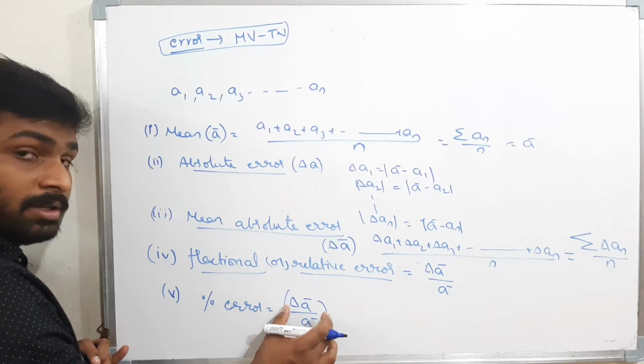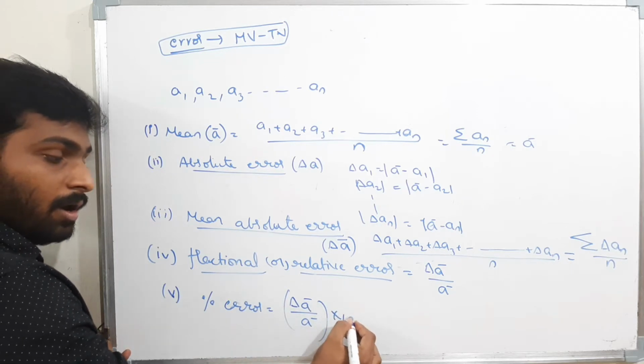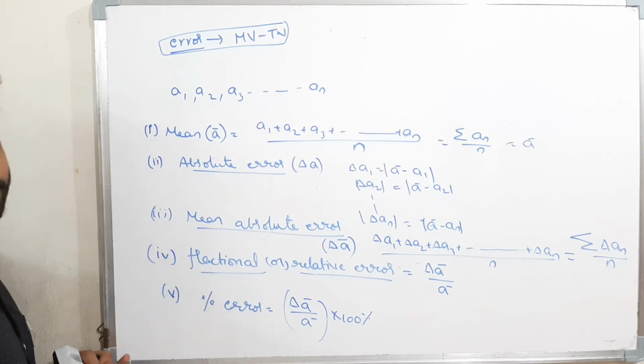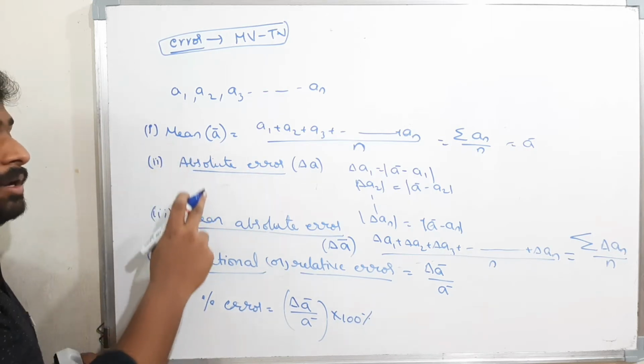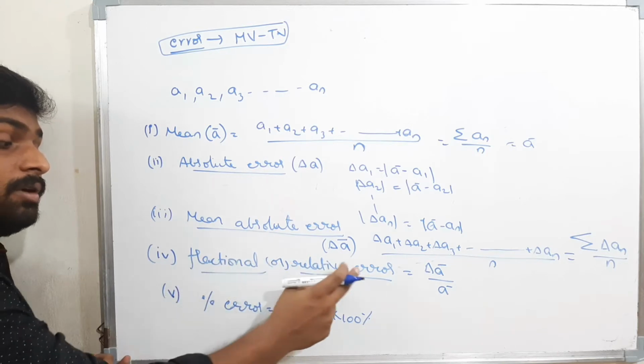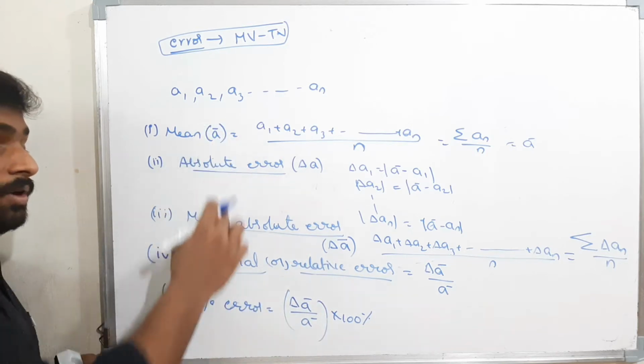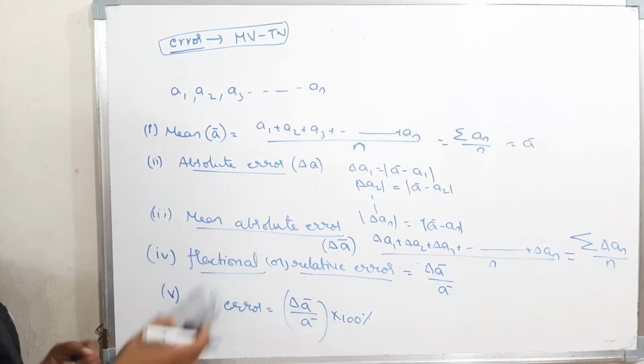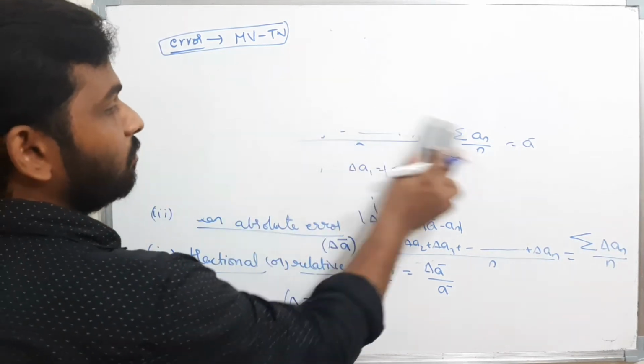When I represent this in percentage, that is multiplied by 100%, then it is the percentage error. Therefore, mean value, absolute error, mean absolute error, fractional or relative error, and percentage error: these five are very important to solve problems in errors. Please remember this, and we will solve one small problem so we will get clarity.